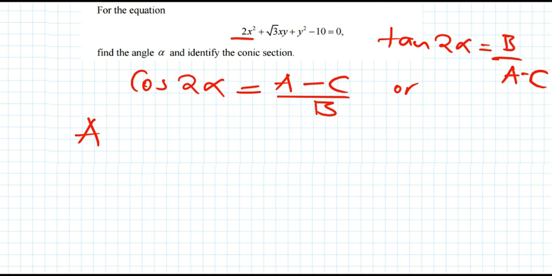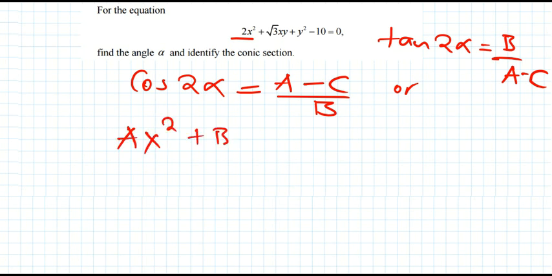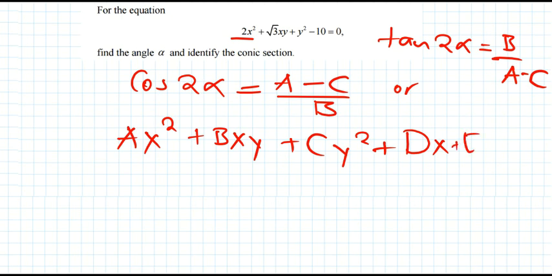Just to give you some more detail, let's say I have ax squared plus bxy plus cy squared, and then d would be the part attached to the x and e would be the part attached to the y, and then the constant would be f.